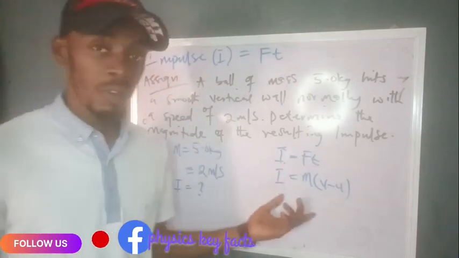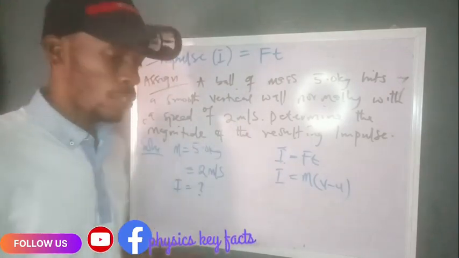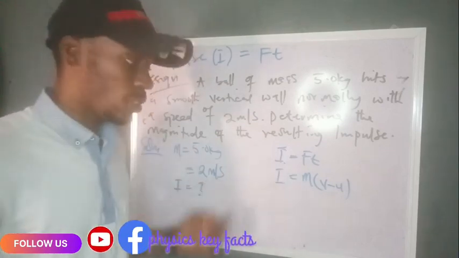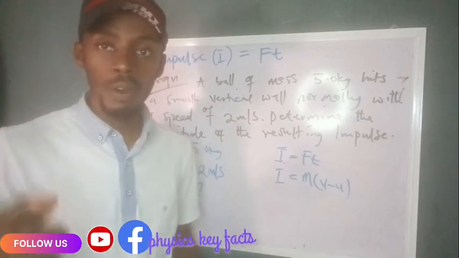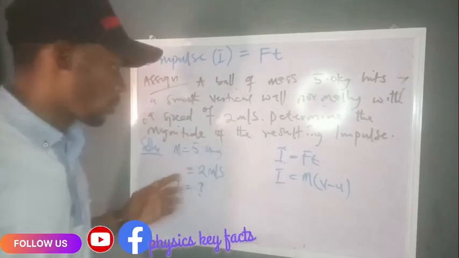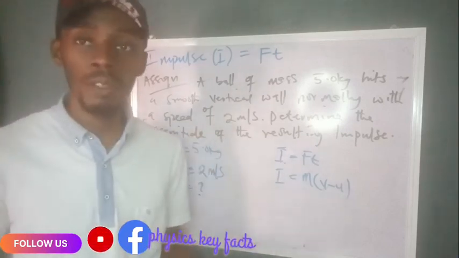But when we look at our formula and relate it to what we have in the question, then we can determine whether this velocity is initial or final velocity. We know we have mass and we know we have velocity.